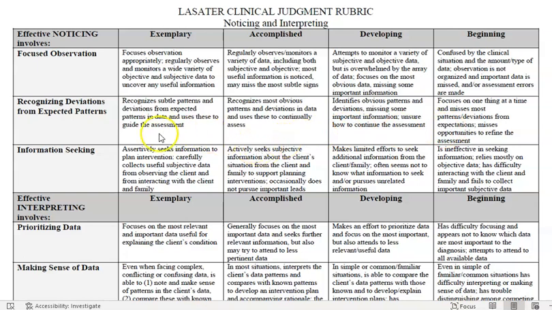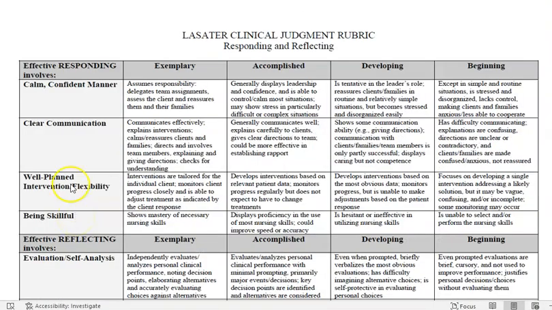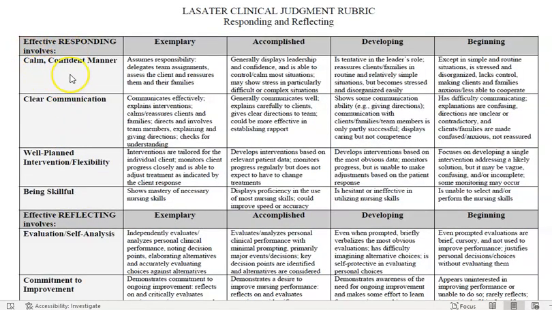And by the end of the orientation, we want to see them somewhere along the lines between accomplished and exemplary. We would want them, hopefully, to be along these lines. Are they seeking information? Are they able to prioritize data and make sense of it? And here's the second page. Are they responding in a calm and confident manner?